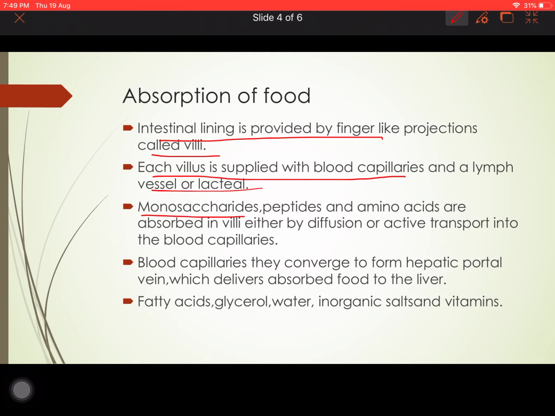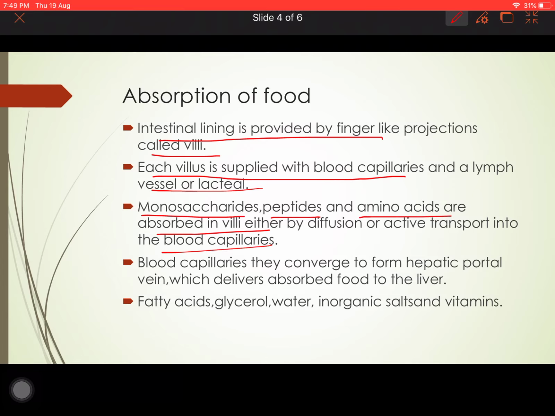Now monosaccharides, peptides and amino acids are absorbed in villi either by diffusion. You have already studied the process of diffusion, that is the flow of a substance from a region of higher concentration to a region of lower concentration. So either by diffusion or through active transport into the blood capillaries.